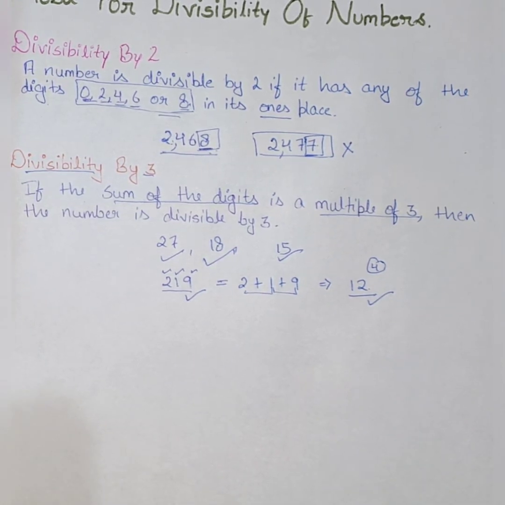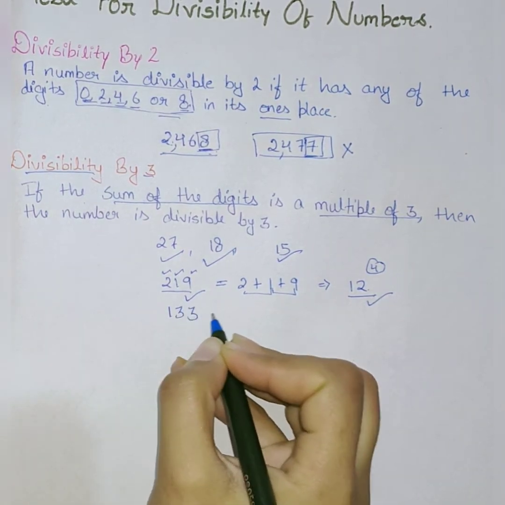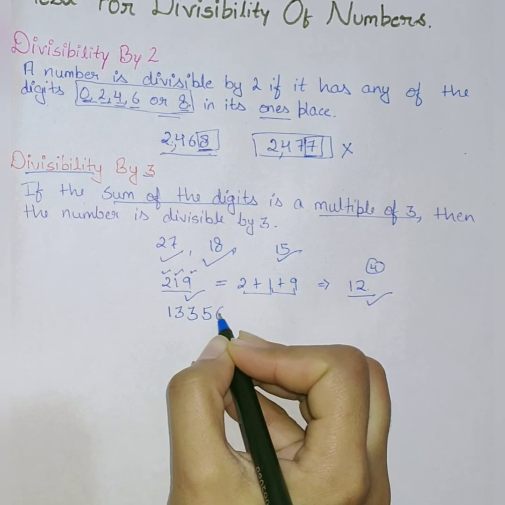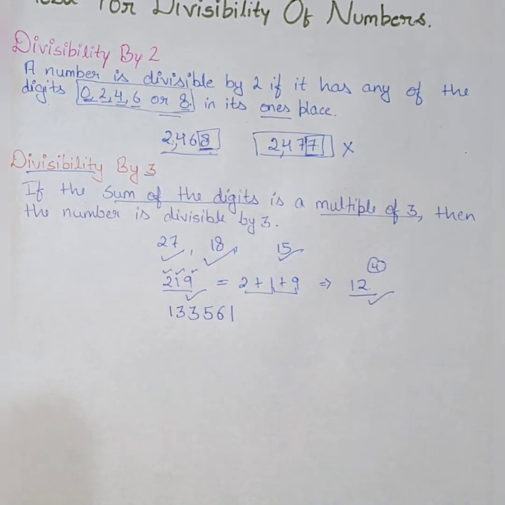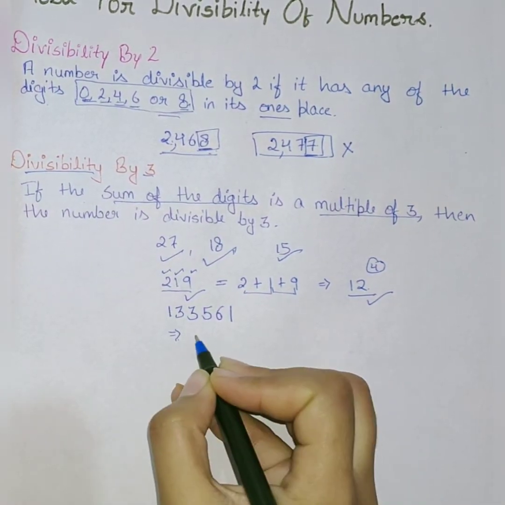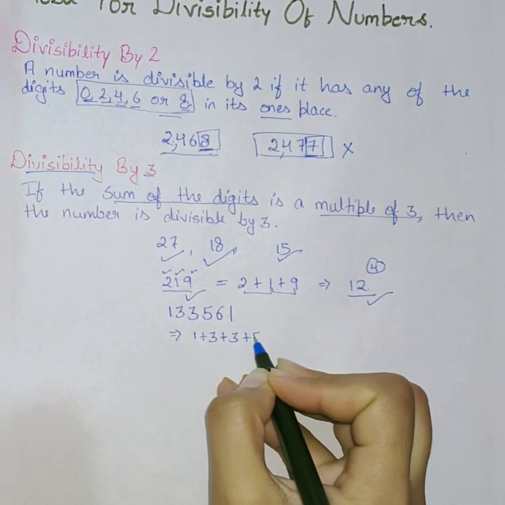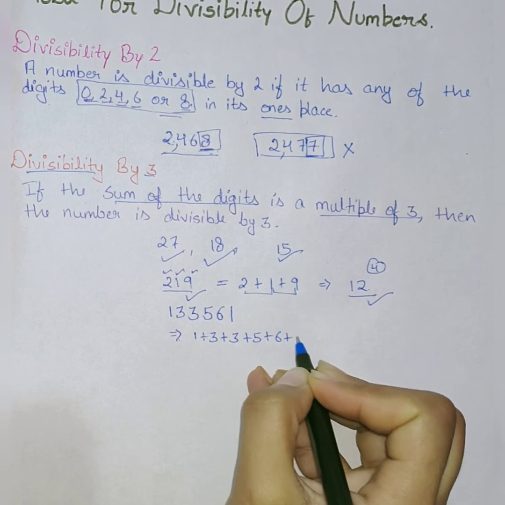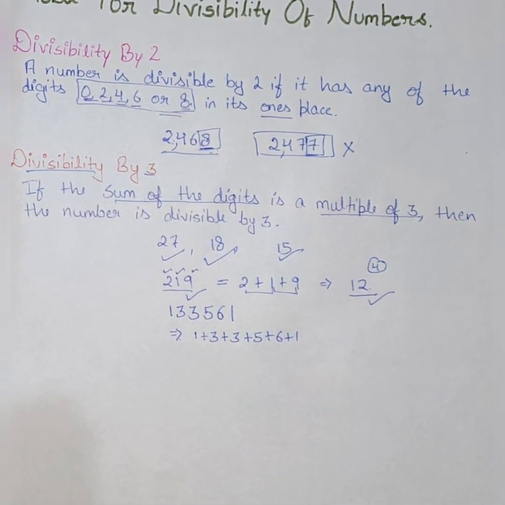Let's take one more number. Suppose you have the number 133561. How will you check whether it is completely divisible by 3 or not? We have the rule that if the sum of the digits of the number is divisible by 3, then the whole number is divisible by 3.